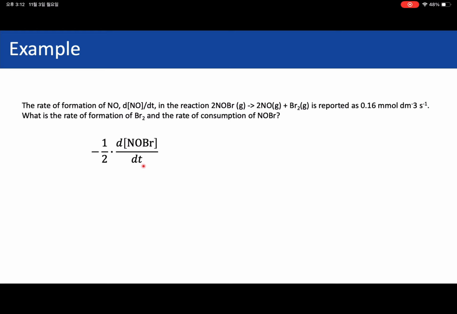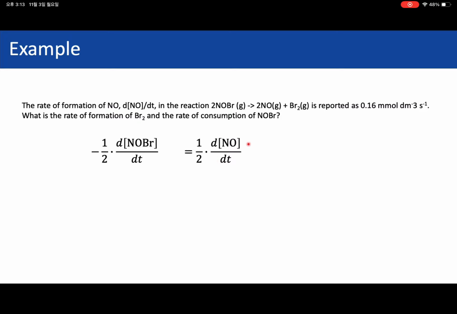So this is the rate of consumption of the reactant, and actually this whole equation is the rate of this reaction, and this rate of reaction should be the same as the reaction rate calculated from the products.